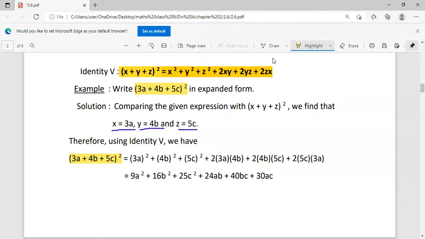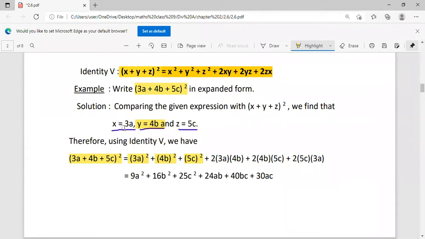That is 3a the whole squared. You know how we get this? Because instead of x, we have written 3a. So x squared means 3a whole squared, plus, instead of y, we have written 4b, that is 4b whole squared, plus 5c whole squared, and the next term 2xy.